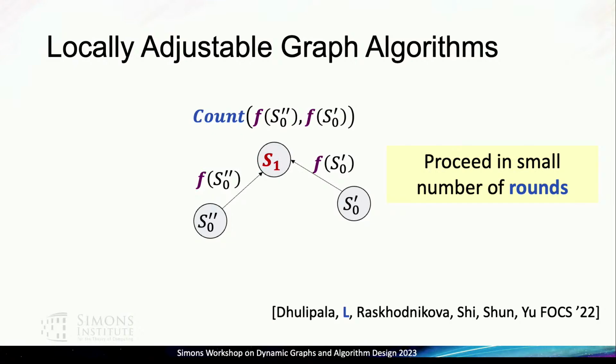Based on this count, they update their internal state. So this node counts the number of outputs that satisfy some constraint and then updates its internal state to S1. This can proceed in a small number of rounds, where each node updates its state based on the function outputs that it received from the previous round, sends new function outputs to its neighbors, and then updates its state based on this count. You can do this and so on until the algorithm terminates.